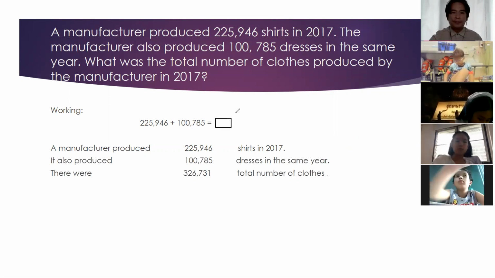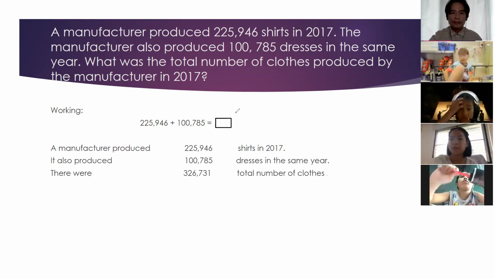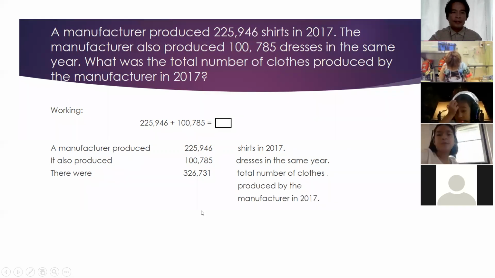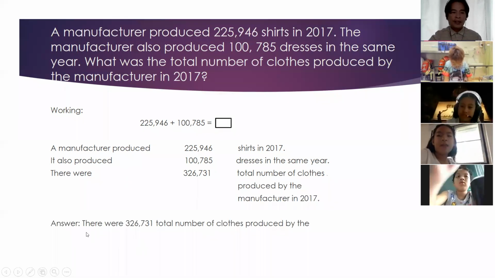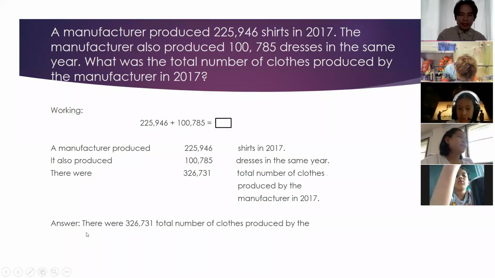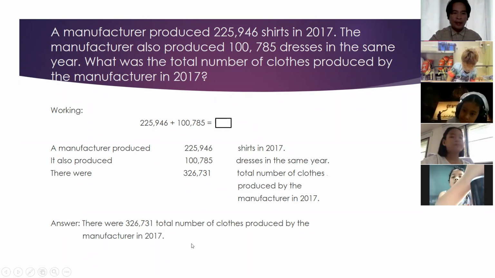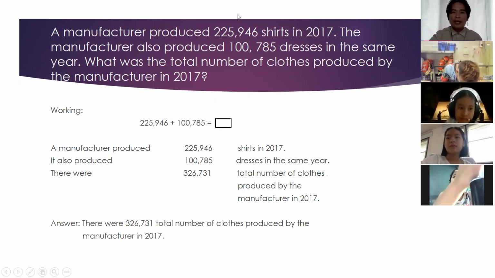Okay. And then if you add this, the answer, there were 326,731 total number of clothes produced by the manufacturer in 2017. Of course, don't forget writing the operation, okay?